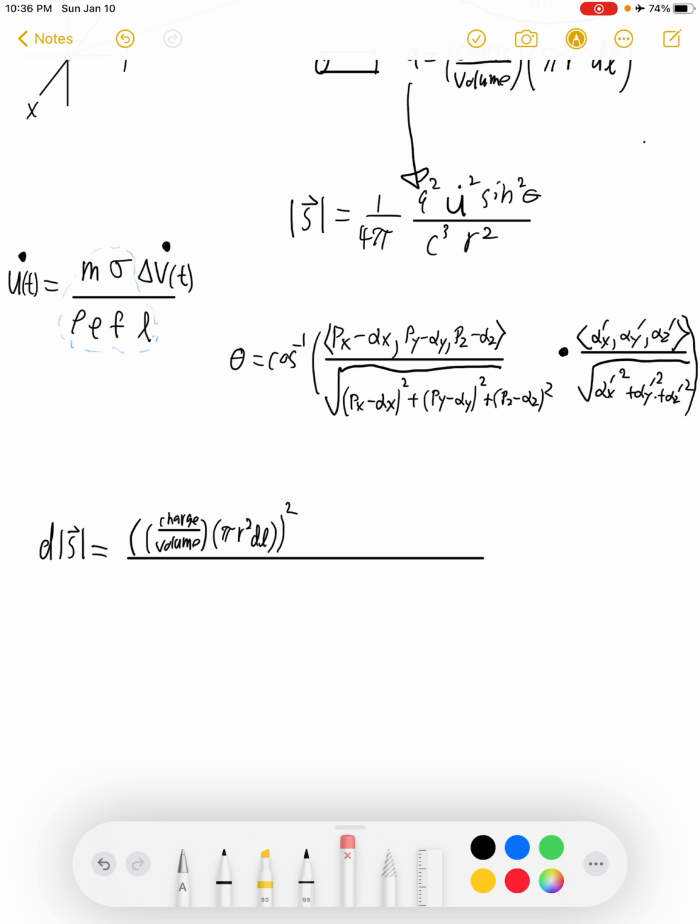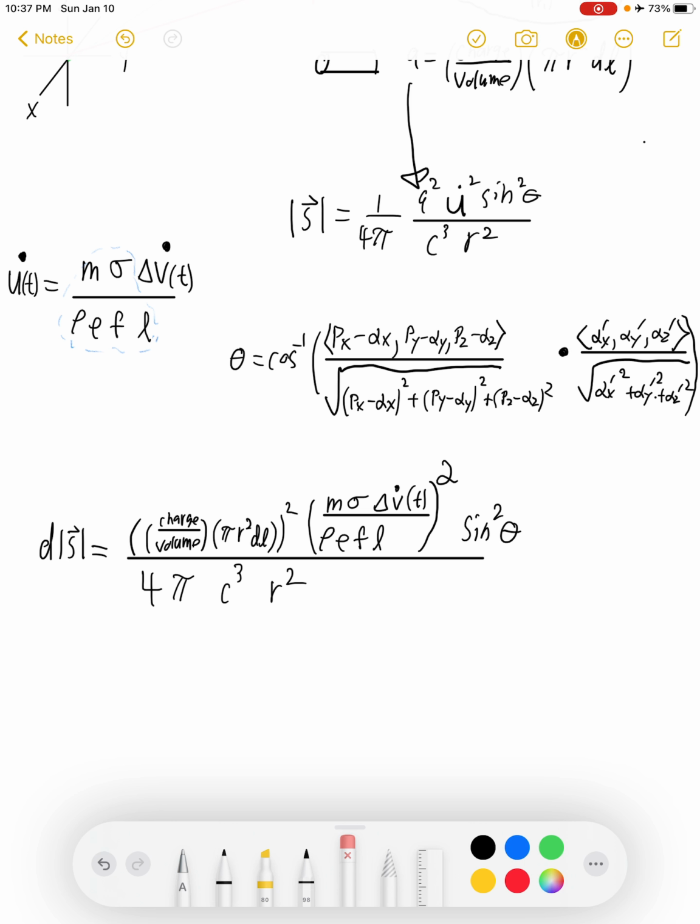What's that going to be? That looks like it.